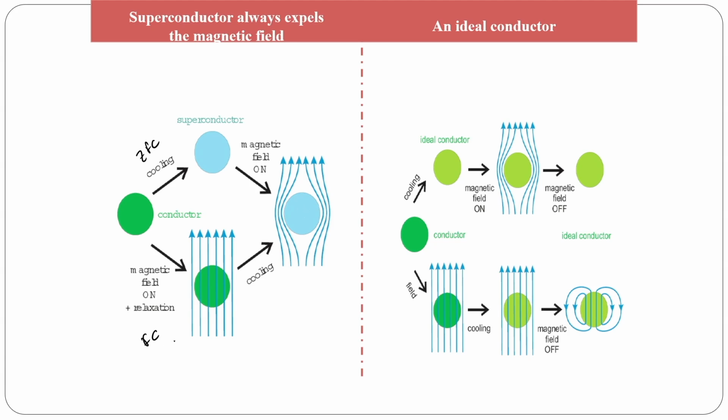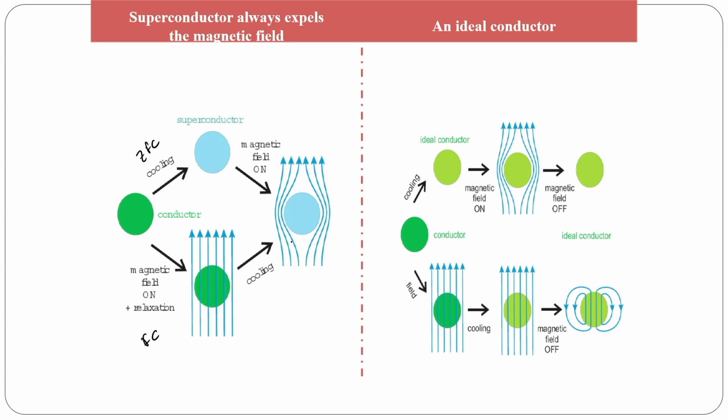If you do it under the field cooled condition, that is, put in a field and then cool it, the result is the same. It gives you the same superconductors at the end, which means that irrespective of whether you take a ZFC or an FC, you get this picture, that is the magnetic field is pushed outside.